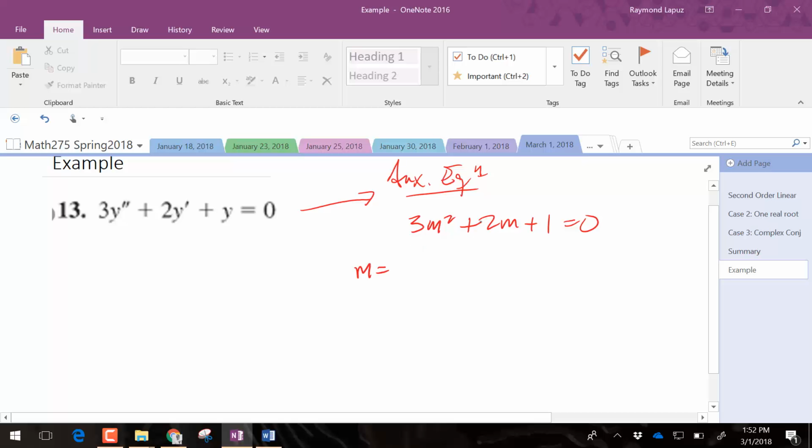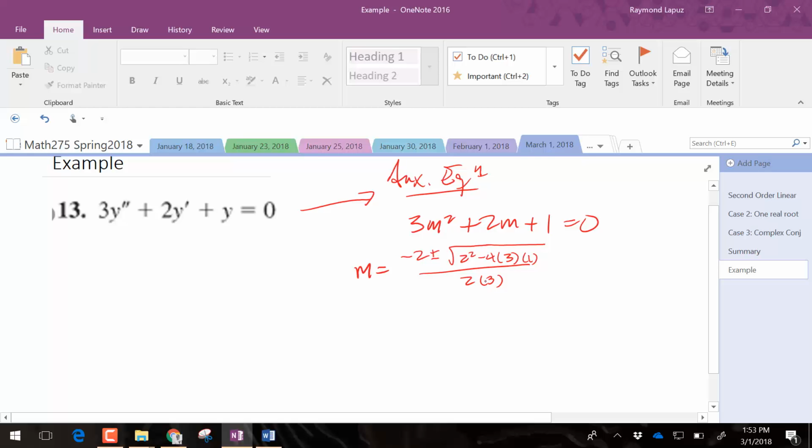So quadratic formula: negative 2 plus or minus the square root of 2 squared minus 4ac, divided by 2a.